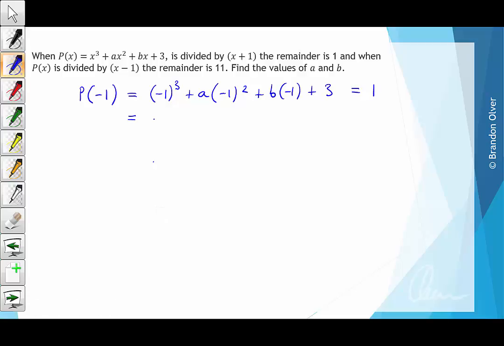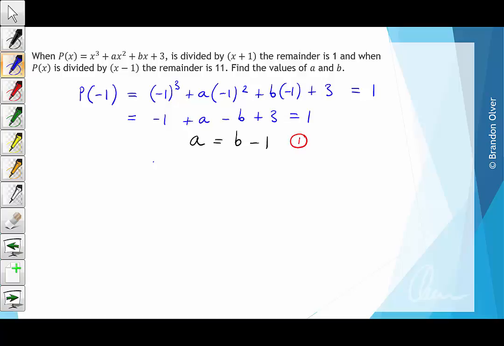So that means we have negative 1 plus a minus b plus 3 equals 1. If we clean that up, we can find that a is equal to b minus 1. And that's going to be the first equation that we're going to use in solving this question.